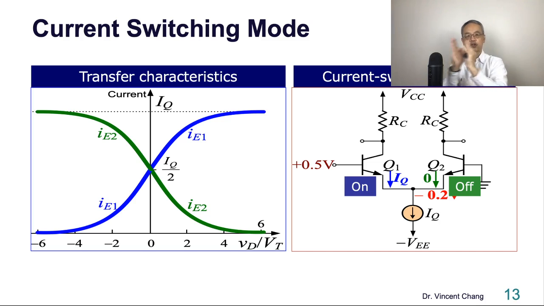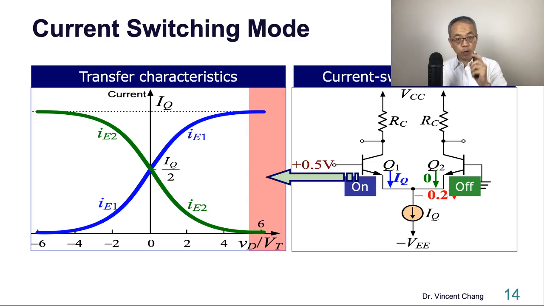Current is going to switch, so current switch mode. If you look at the transfer characteristic, 0.5 volt is large. I'm not sure if you listened carefully 2 minutes ago when I said 0.5 volt is large.